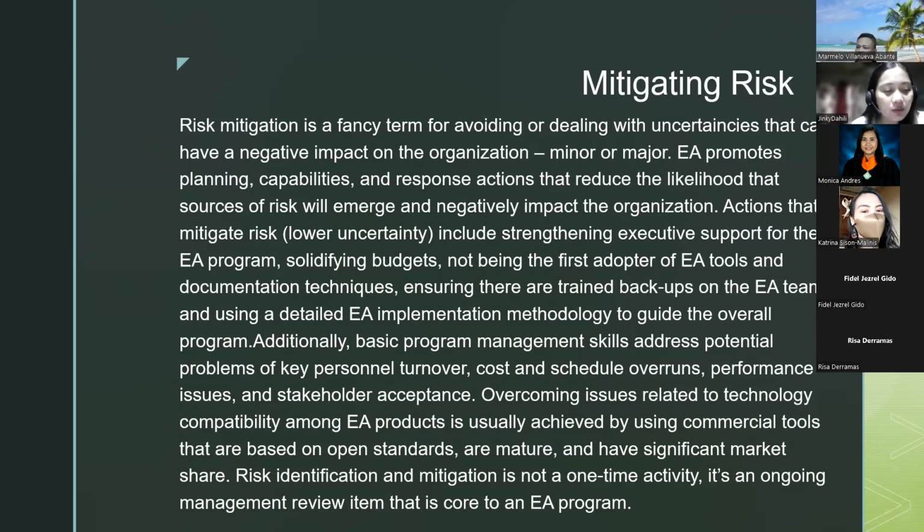Actions that mitigate risk, lower uncertainty include strengthening executive support for the EA program, solidifying budgets, not being the first adopter of EA tools and documentation technology. So ano ibig sabihin ng adopter, not first adopter of EA tools?